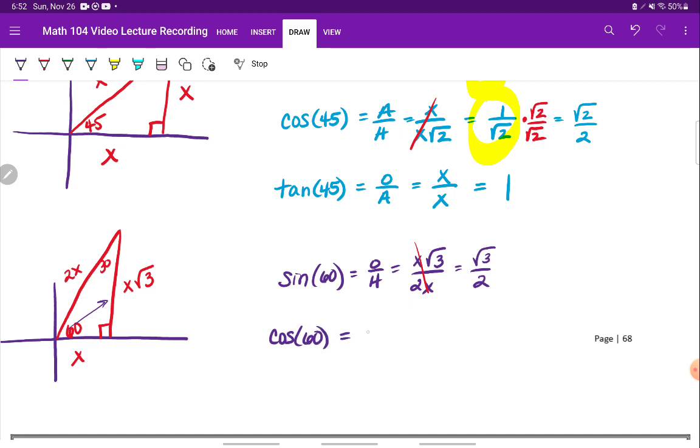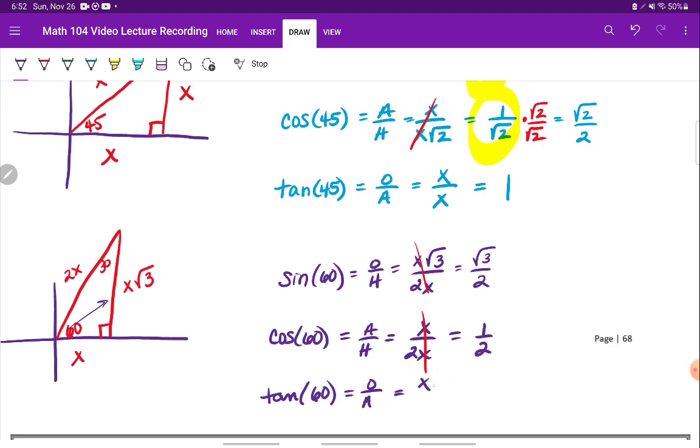Cosine of 60 degrees, that's our adjacent side divided by the hypotenuse. It's going to be x divided by 2x. X's simplify out, and we're left with 1/2. Tangent of 60 degrees, that's our opposite side divided by our adjacent side.